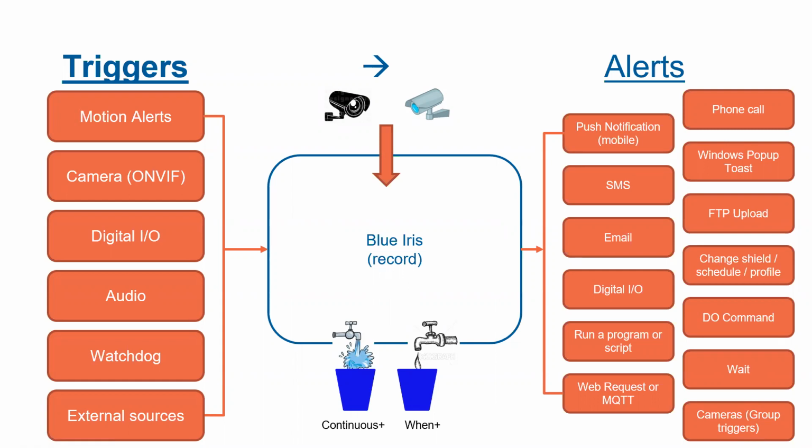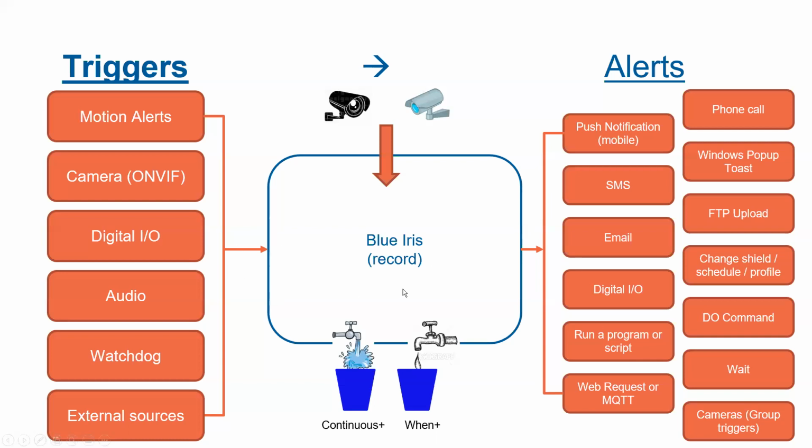If you want to record every camera 24/7, you can, whatever your recording settings are. Then it organizes and dumps it into recordings and files on your system that you can review later when you want to.